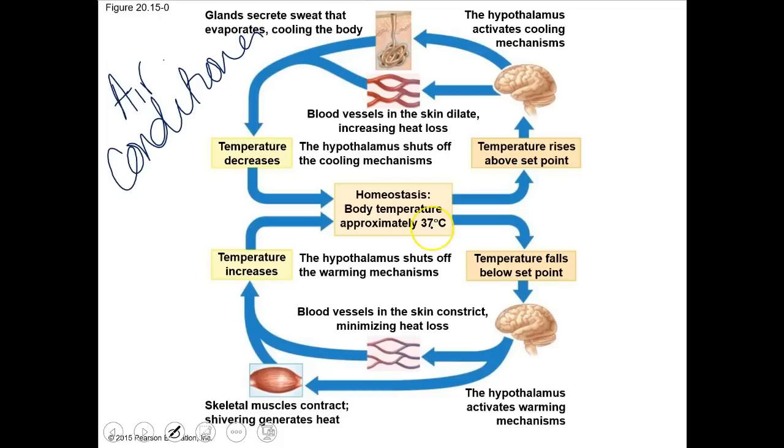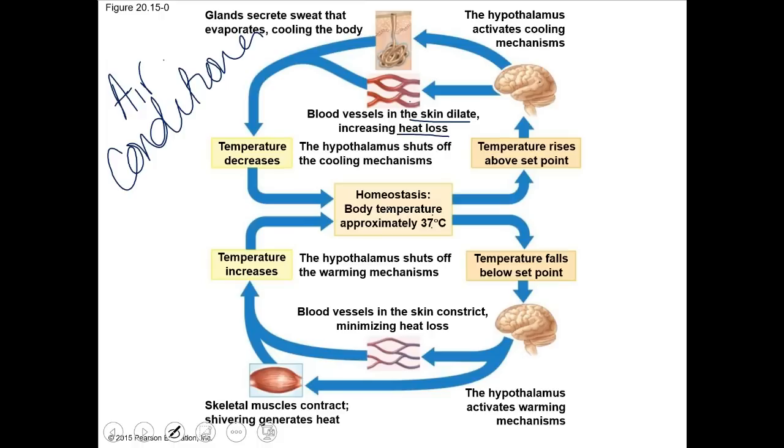98.5 degrees Fahrenheit converts to about 37 degrees Celsius. So if your temperature rises, it will tell the brain. The brain will do a few things which will cause the skin to dilate and you'll get heat loss, usually through sweating or whatever else. Your temperature decreases and then that will shut those things off so you'll stop sweating so much.